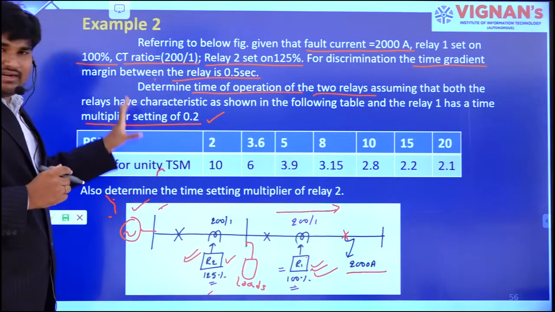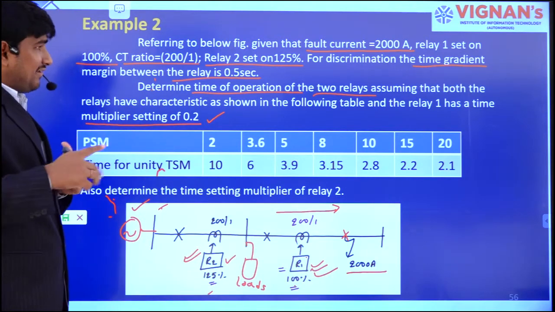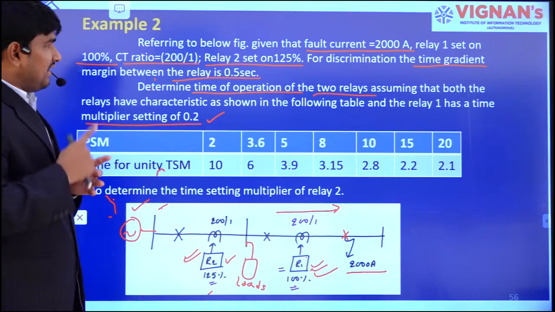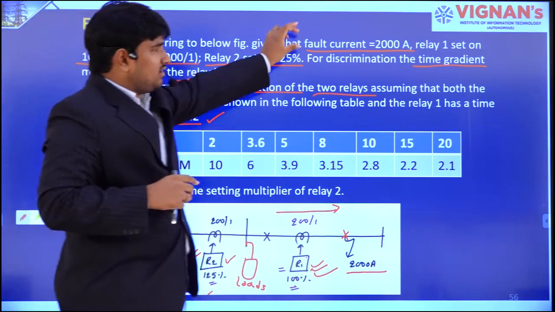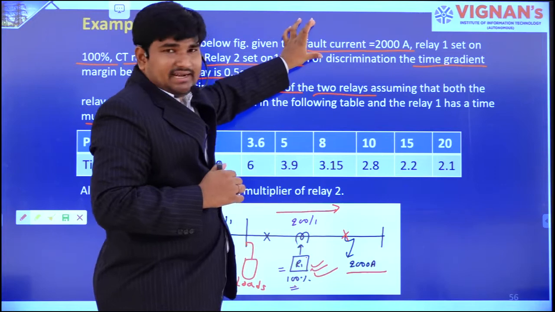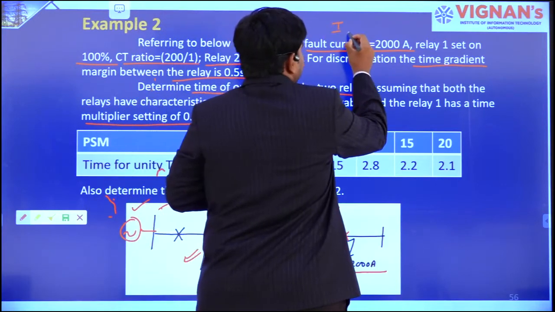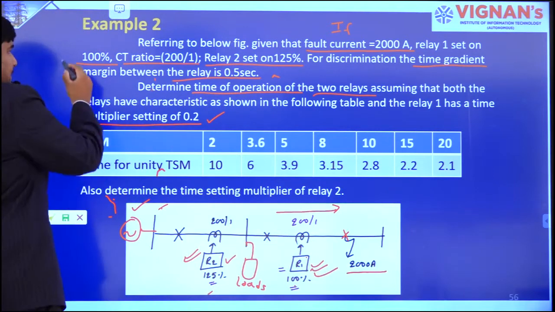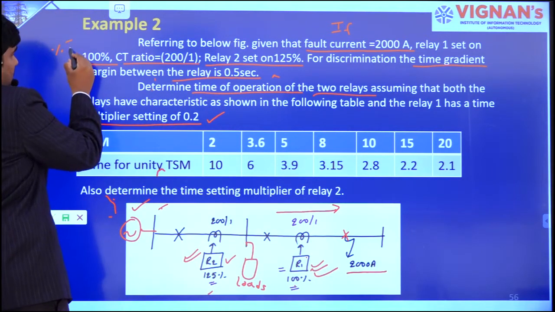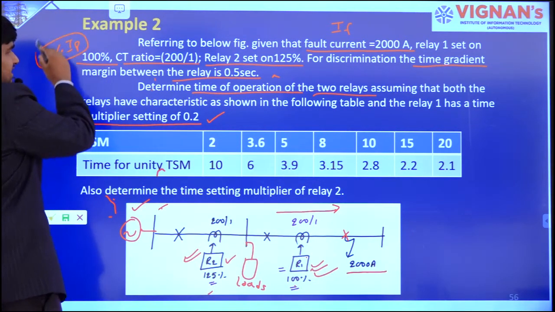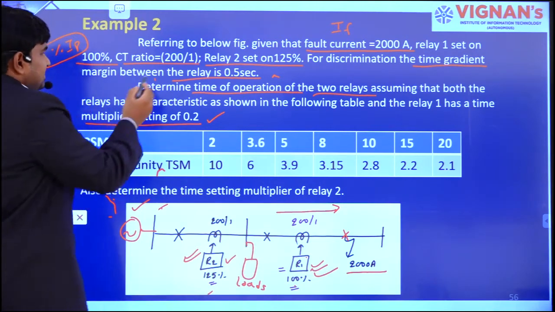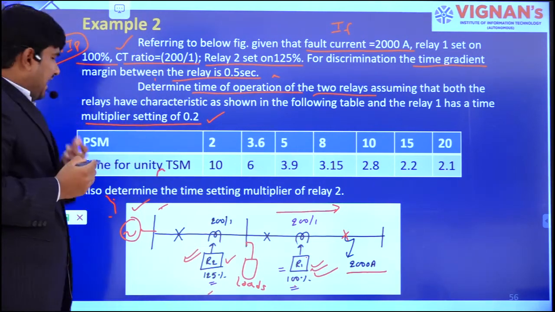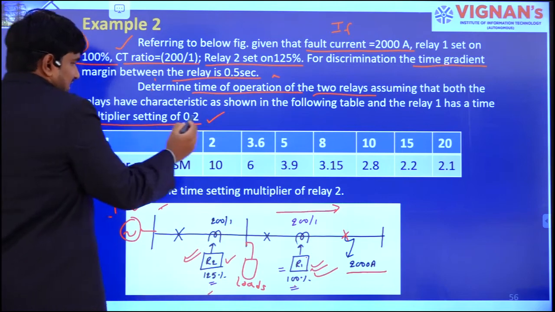Now what is the given data? The first one is, for example, let us take relay 1. For relay 1, the fault current IF is given, the percentage of pickup current is given, the CT ratio is also given, as well as the time multiplier setting.